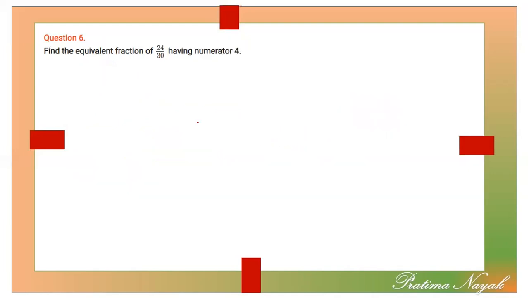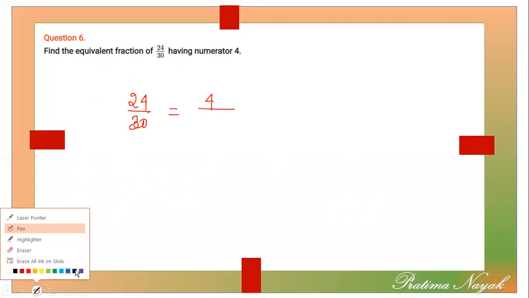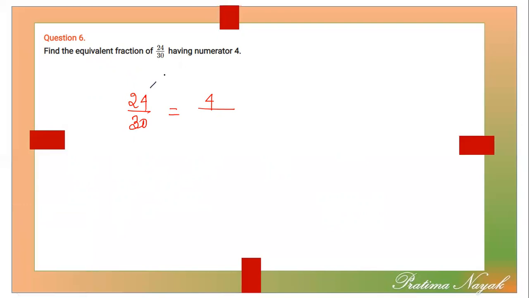Question number 6. Find the equivalent fraction of 24 by 30 having numerator 4. Sorry, the numerator is 4, not the denominator. Then what to do? So 24 will be divided by something to get 4.